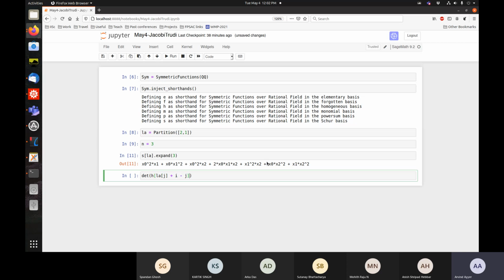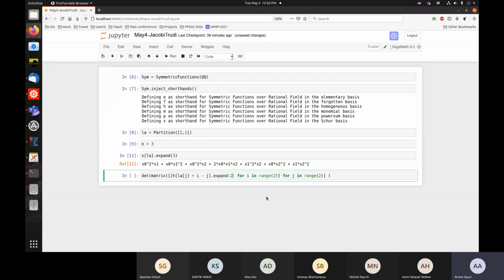I have to make the matrix. So matrix for I in range 2, for j in range 2. So I do dot expand.